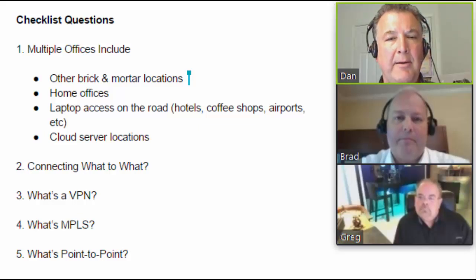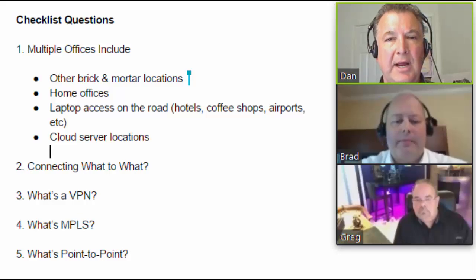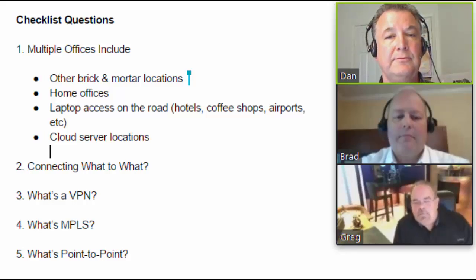Mm-hmm. And Greg, give us a little background on the security, because a lot of people think, well, I'm connected to the internet. That means I'm connected to everything. But with VPN, MPLS, and point-to-point, it really comes down to security, where it may or may not ever touch the internet. Can you explain how the security is really wrapped into these three products? Well, with a VPN, you're tunneling a specific path within most probably a public circuit.